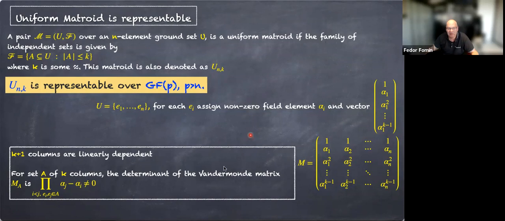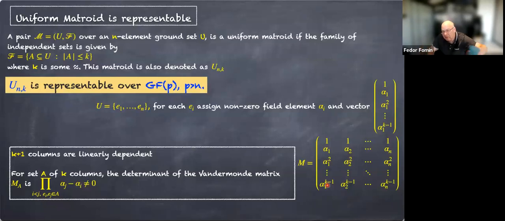Of course, k plus 1 columns are always linearly dependent. Why? Because this is a matrix with k rows, so the rank of this matrix is at most k, and the row rank is always equal to the column rank. So if I take k plus 1 columns, they will always be linearly dependent.